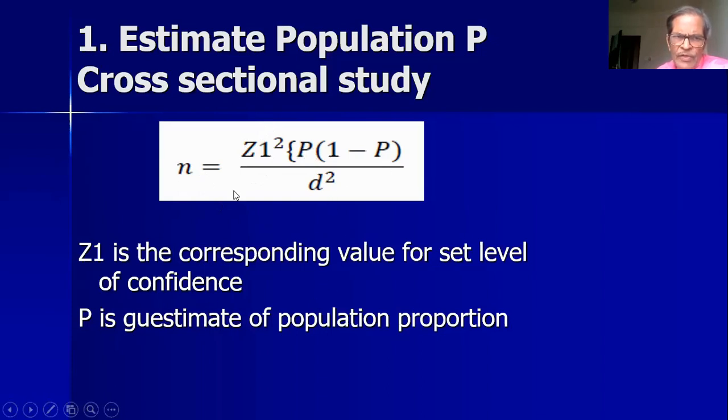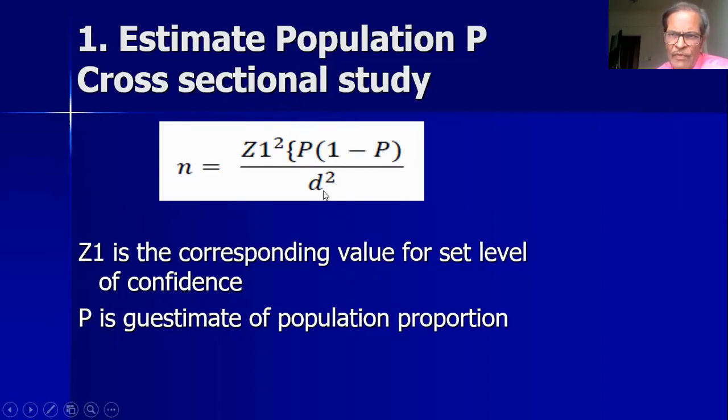And n is the sample size, Z is the Z value associated with the alpha error that you have chosen. P is the estimate of the proportion that you expect in that population, and therefore 1 minus P will be deducted from 1.